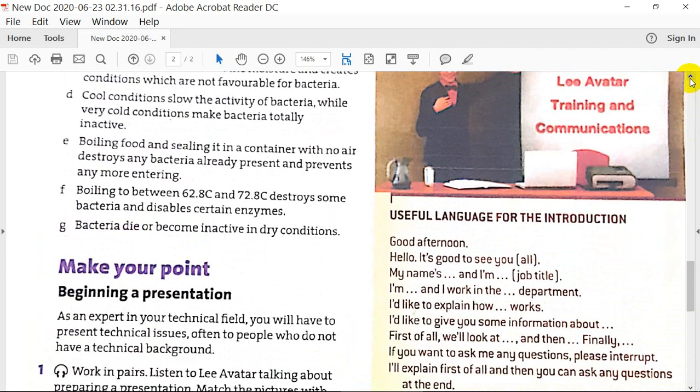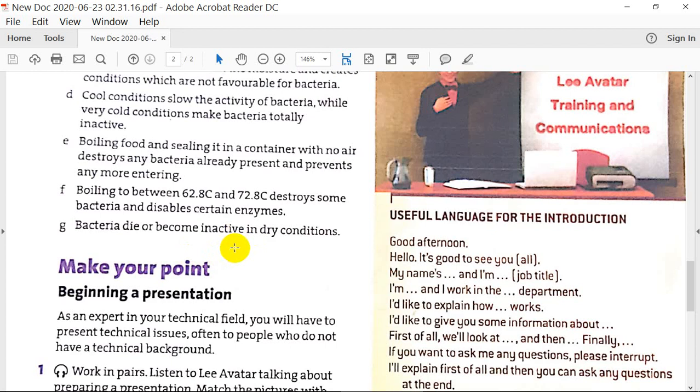In F, boiling between 62.8 degrees and 72.8 degrees destroys some bacteria and disables certain enzymes. Also, we can use them with some kinds of food or fruits. Bacteria die or become inactive in dry conditions. Also, we can match it with dehydration, where people spread a lot of fruit or vegetables.